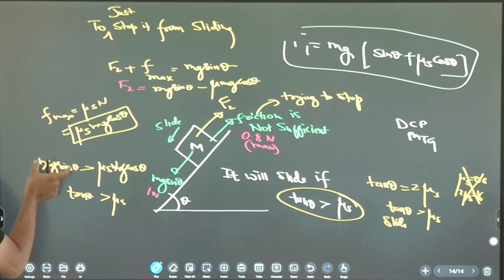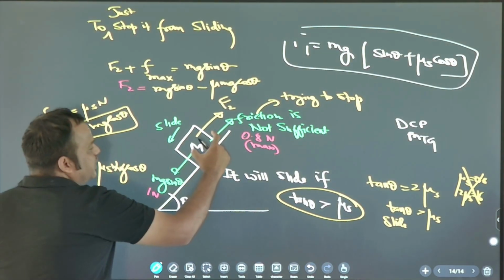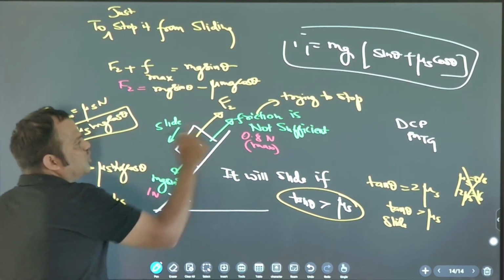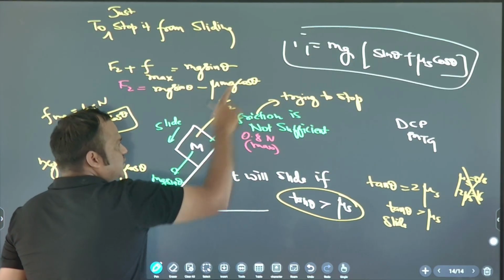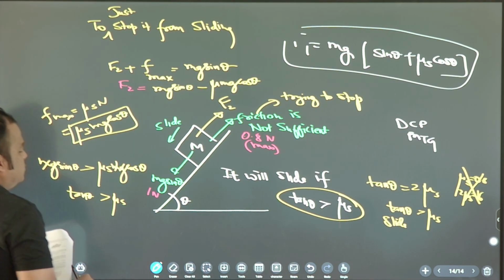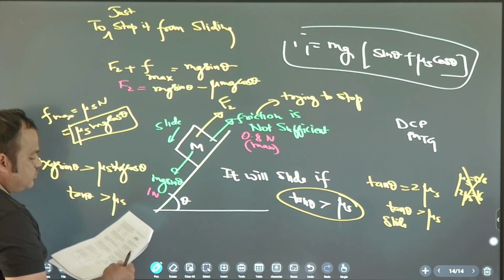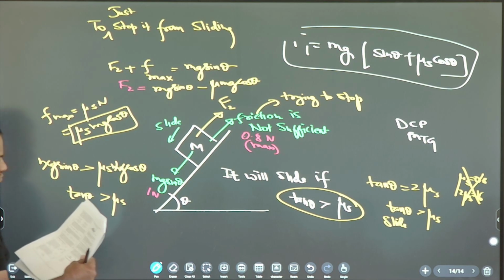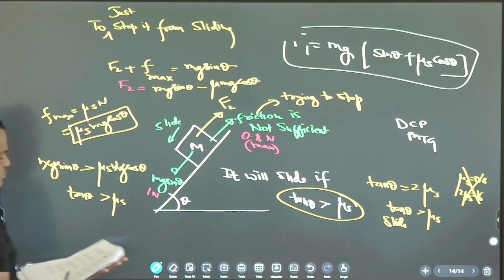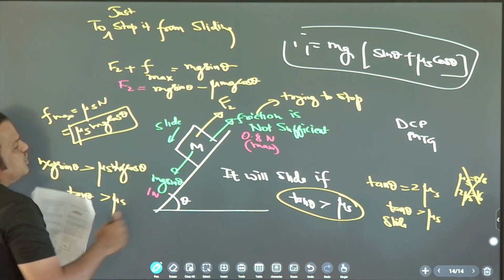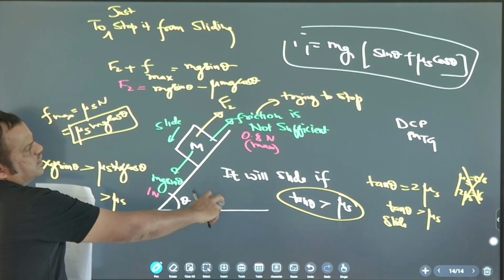Mg sin theta is more, that's why it is sliding. So I want to stop it, and to stop it I am exerting F2. So note down. I will teach this once again tomorrow, tomorrow morning class at 6:30.